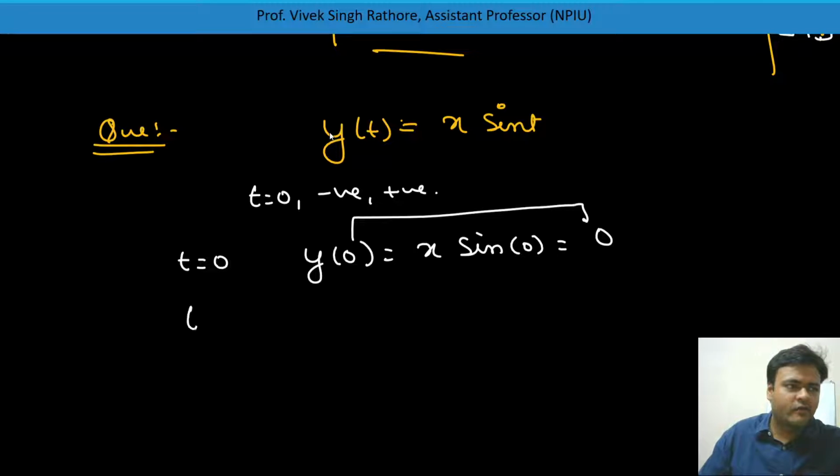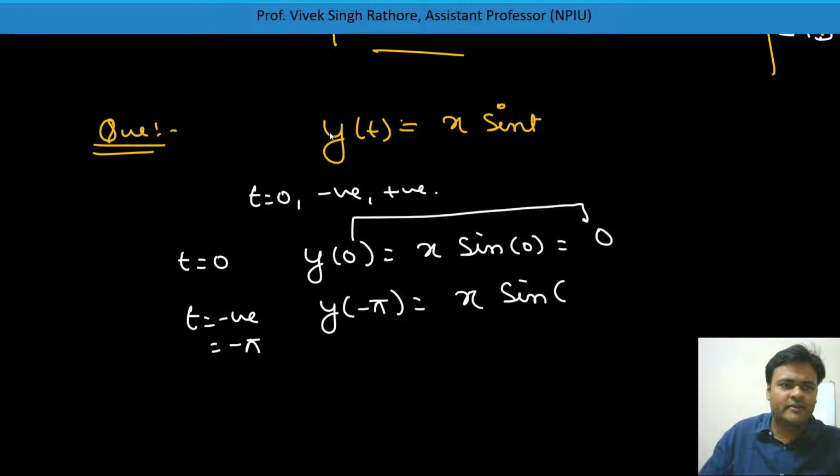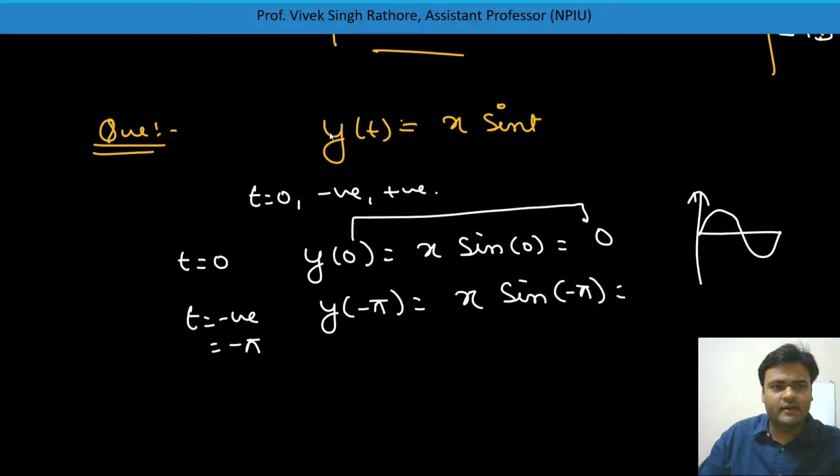For t equal to a negative value, let's suppose t is minus pi, so we'll take y of minus pi, which is x of sin of minus pi. So first of all it will be minus sin pi, and sin pi will be 0. The sine curve is like this, 0, pi by 2, and pi, so the value is 0 only.